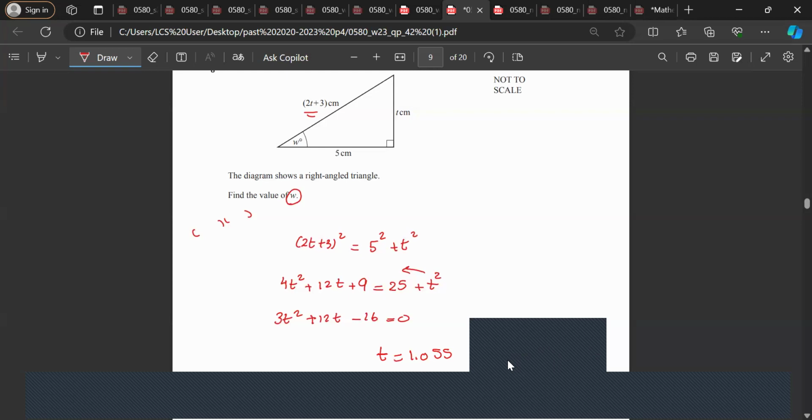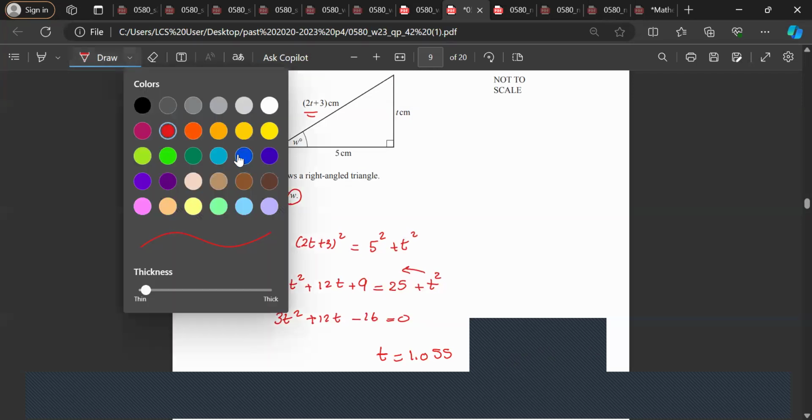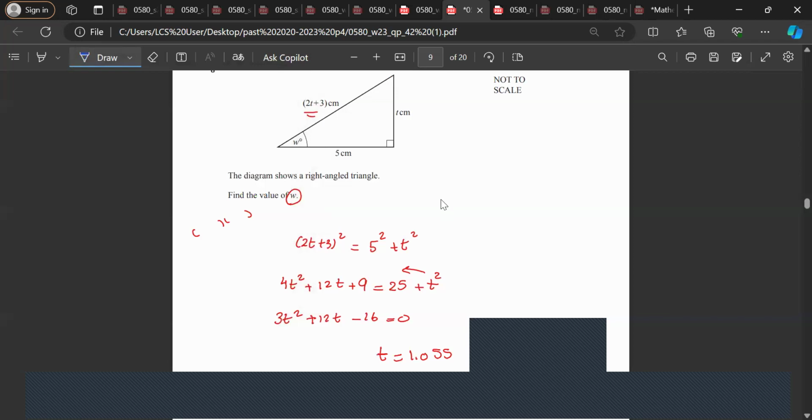Can I take the negative? No, it is rejected. But we have a problem here before completing. You cannot write this for him like this without saying where you got this from: factorizing or the general formula. If you try to factorize it by mode 5, 3, you will get decimals like this. So you have to write for him the general formula.